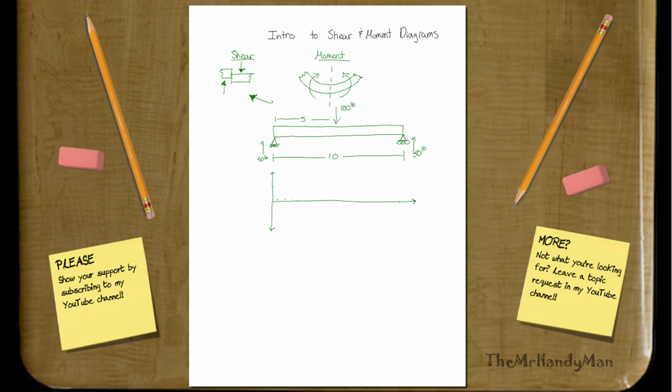Basically, I want you to read this like a book. Look at the left-hand side and ask, what force is applying at that direct moment? On the left-hand side you'll see that you have a support pushing upward. So I would consider that a positive 50 in force.